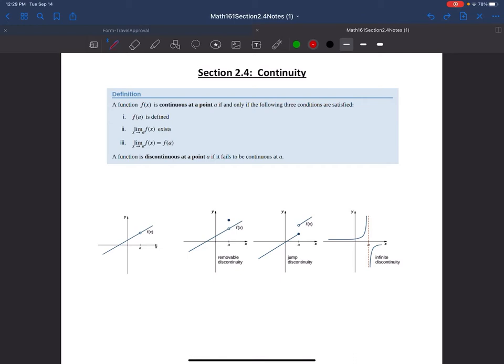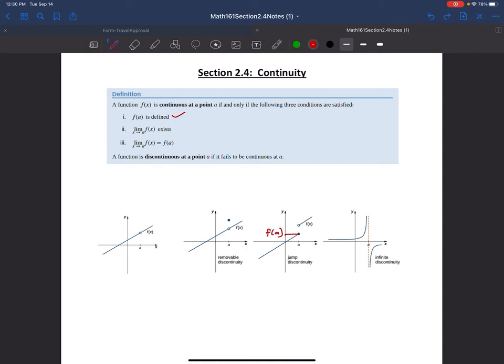Second, we call it a jump discontinuity. f of a is defined; the solid dot is the f of a. Does the limit as x approaches a of f of x exist?